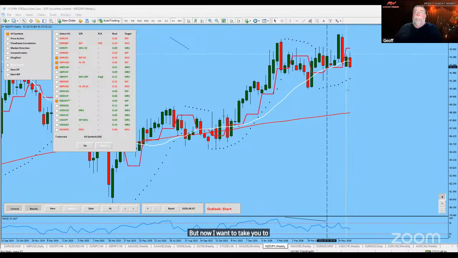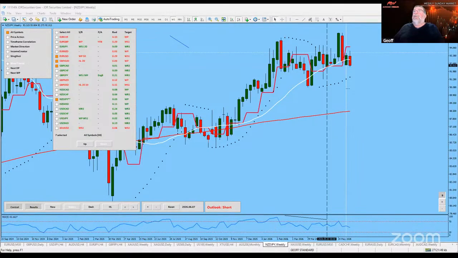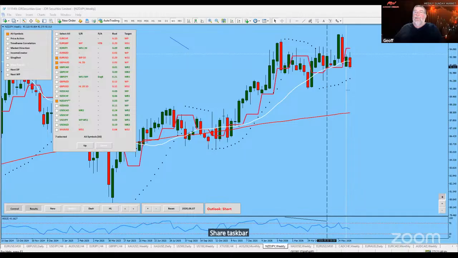Hopefully I can get the right screen up here. So bear with me for 2 seconds. Control panel, come back, please. That would be good. Show taskbar. There. Share.